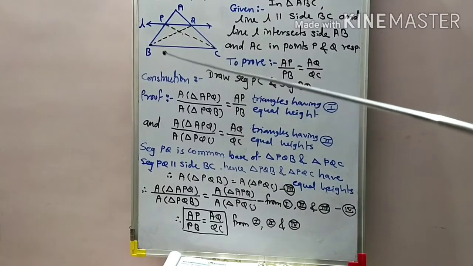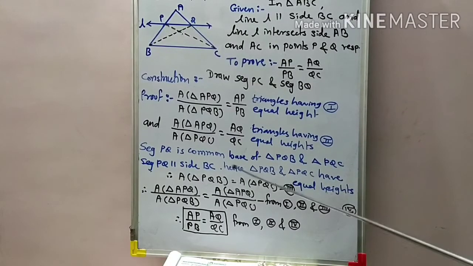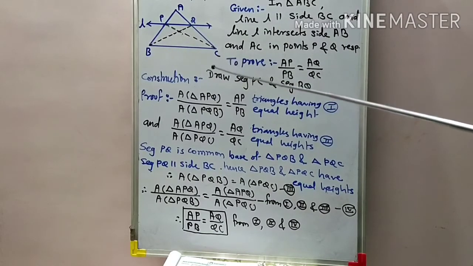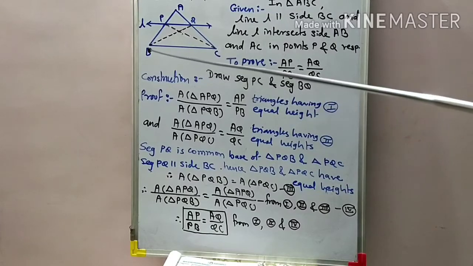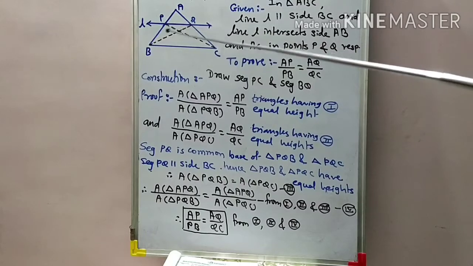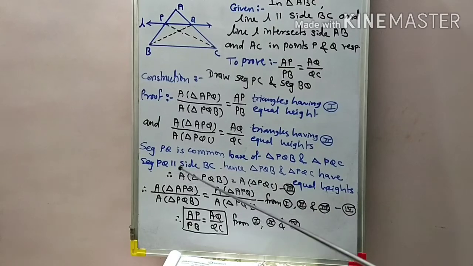Segment PQ is the common base of triangle PQB and PQC, and PQ, that is line L, is parallel to side BC, and hence we can say that the two triangles, triangle PQB and triangle PQC, have equal heights, because we draw the perpendicular on that base, and that base is the common PQ. So the perpendiculars are also equal in length, because here we mentioned that segment PQ is parallel to side BC.